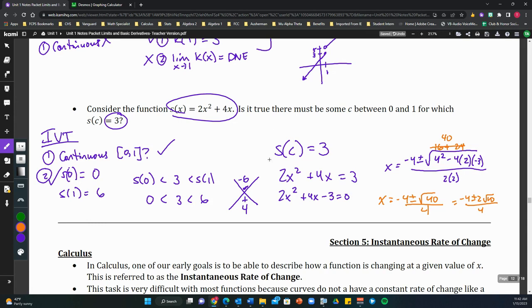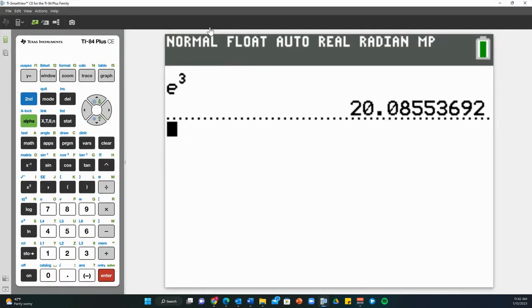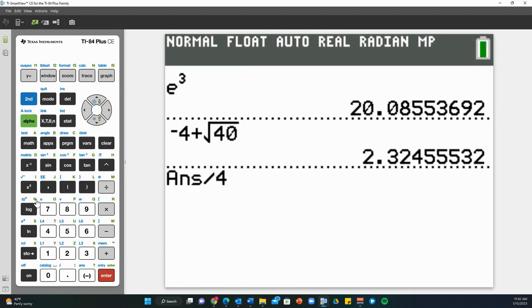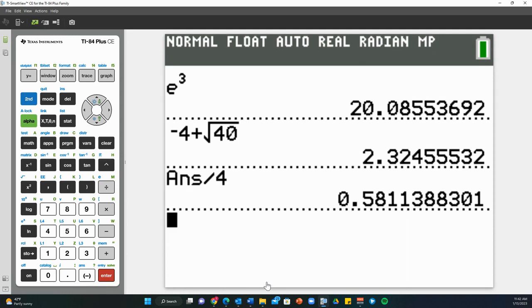Actually, let's just jump to a calculator to evaluate this. I'm going to take -4 plus the square root of 40, and then divide that answer by 4. So we get 0.58. That value occurs within our interval, but let's check the other way.